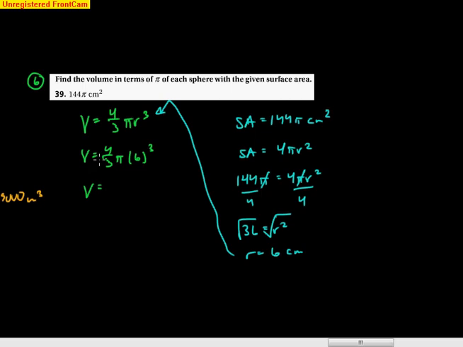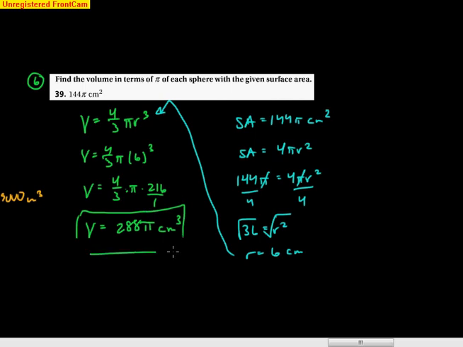Volume equals 6 raised to the third is 216, so this is 4/3 times pi times 216. This 216 is over 1, so times it by 4, and then divide it by 3, or times it by 4/3, and you get a nice even number of 288 pi, and that would be centimeters cubed.